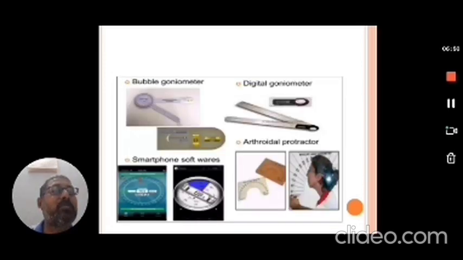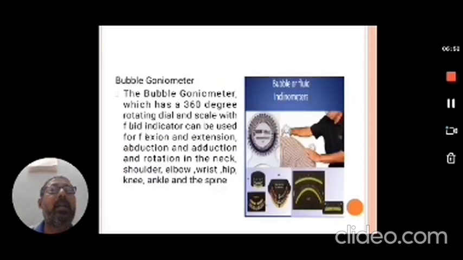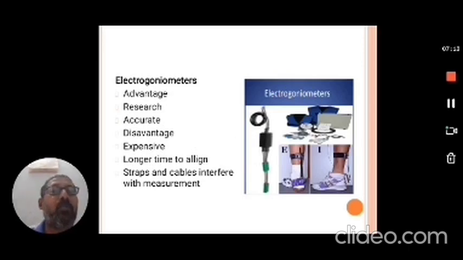These are various other forms of the goniometer available in the market, and this is a bubble goniometer in specific, which we usually used to measure spinal movements earlier with inch tapes, and which has been modified with this bubble goniometer, which makes it very easy to identify the range of motion in spine movements.